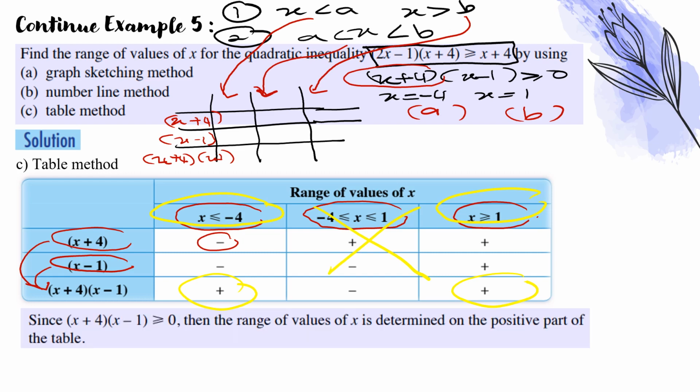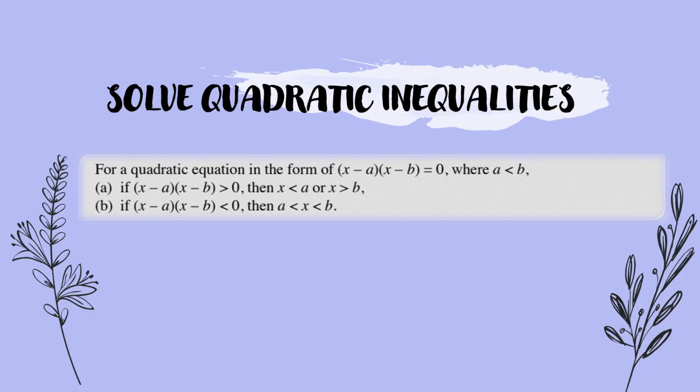Okay, on the positive part of the table. Hence, the range is x is less than -4 or x is more than 1. Okay, this is the conclusion. To solve the quadratic inequalities, just like I told you before, if it's more than, so your answer, usually you get x is less than a or x is more than b.